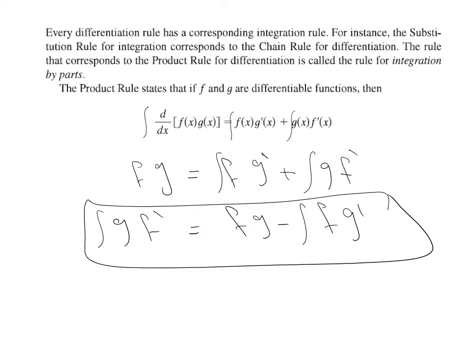We're going to choose a function g and the other function f prime. After that, we're going to solve, and this rule will be satisfied at this point. So in our rule, we will choose u equal, and dv would be equal. After that, we take the derivative of u and we find du, and the integral of dv will be v.